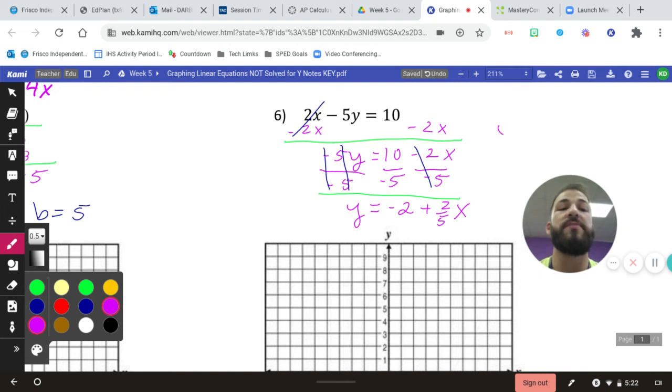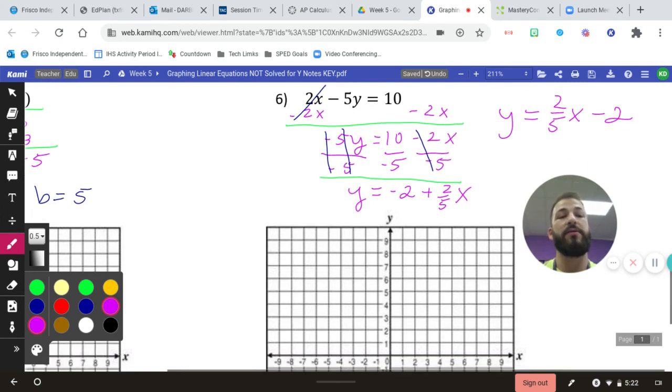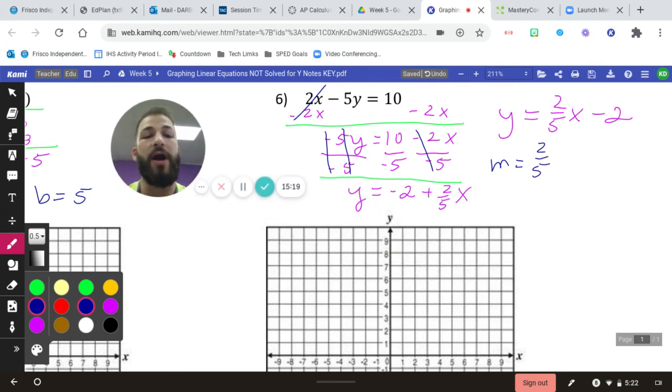So I can switch this to be y is equal to positive 2/5 x, and then minus 2 for my y-intercept. So my slope in this case is 2/5, and my y-intercept, my b, is equal to -2.